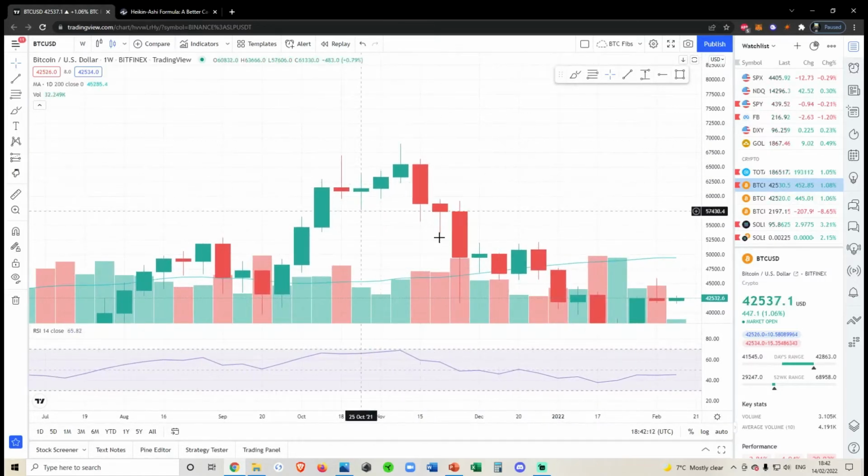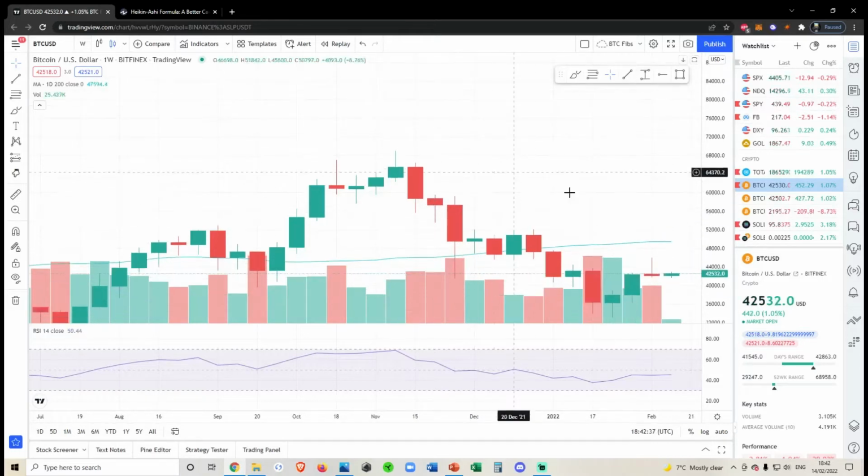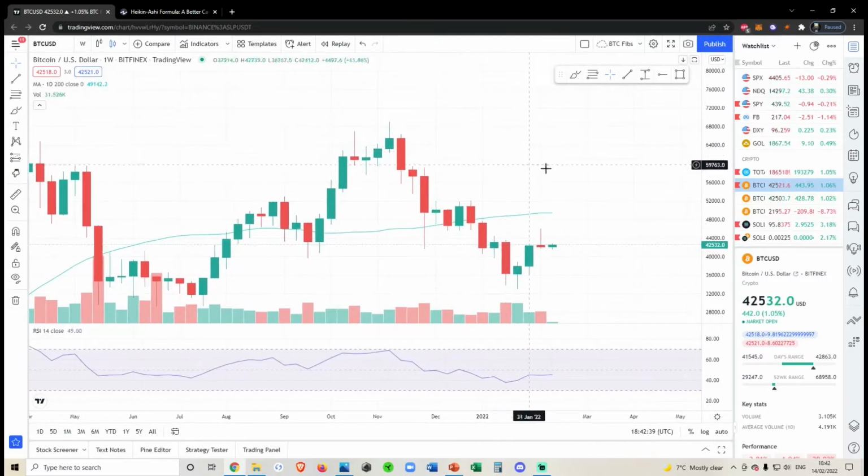So if we're on the weekly candlesticks here, you can see that this green candle closed at this level here, and the opening of the next candle is simply correlated to the previous close on the previous candlestick. If we look at this candle as well, you can see it came down here and closed at this level, and that obviously correlates to the opening of the next candlestick, and so on and so on. So now we know how to do Japanese candlesticks. I'll show you Heikin-Ashi candlesticks.